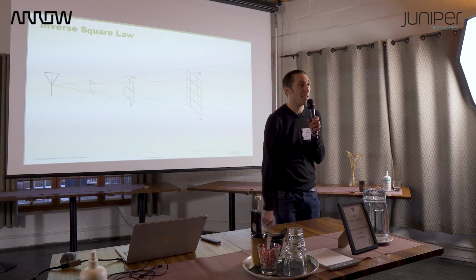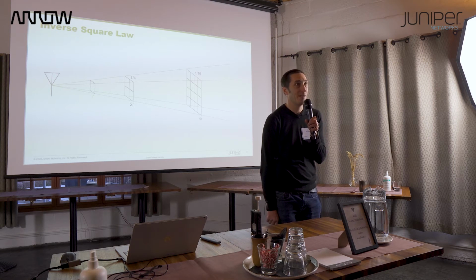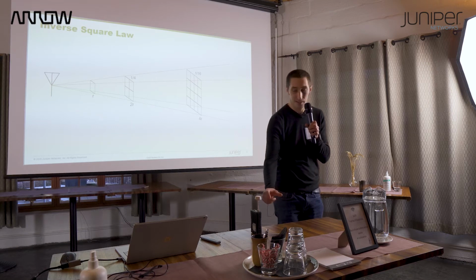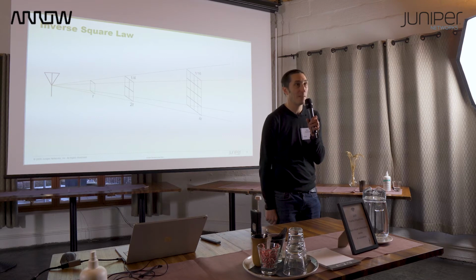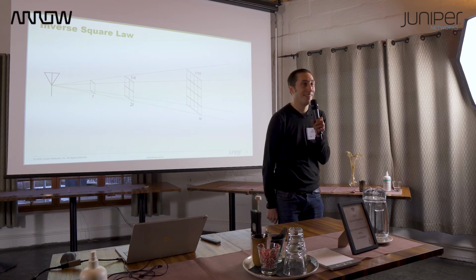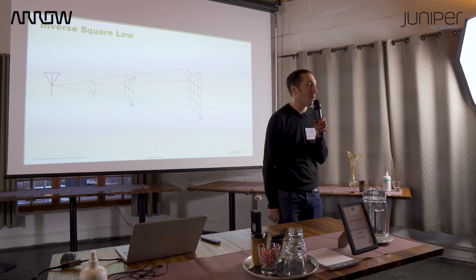I go to 2 centimetres, it's now a quarter of that power. If I go to 4 centimetres away, it's only a 16th of the power it was at 1 centimetre. And it would be exactly the same if I did that in millimetres. If I go 1 millimetre away and I go to 2 millimetres, the power's a quarter of what it was.